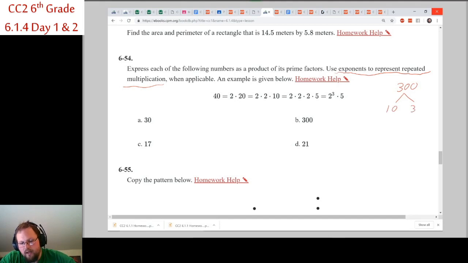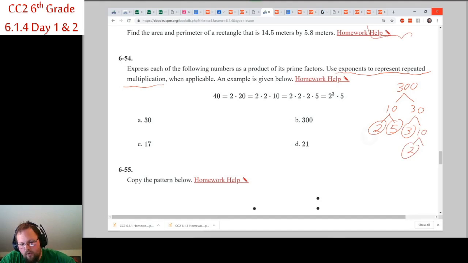So you could do a 10 and a 30. This becomes 2 and 5, which are both prime, so we're going to stop working with those. 30 splits into 3 and 10.